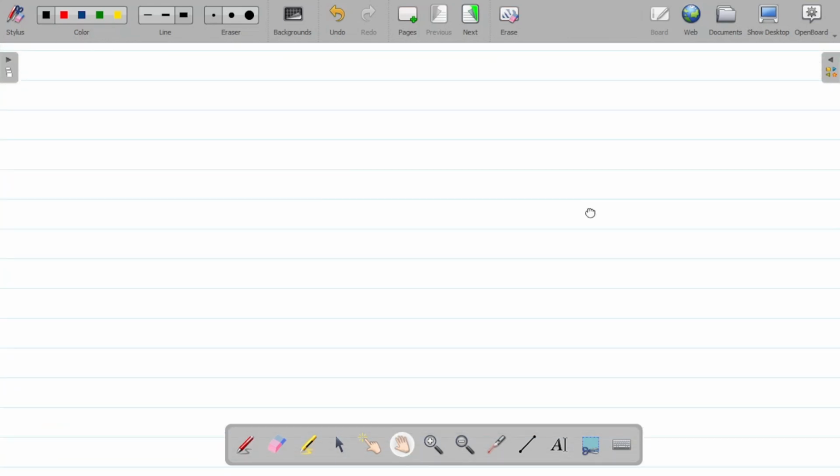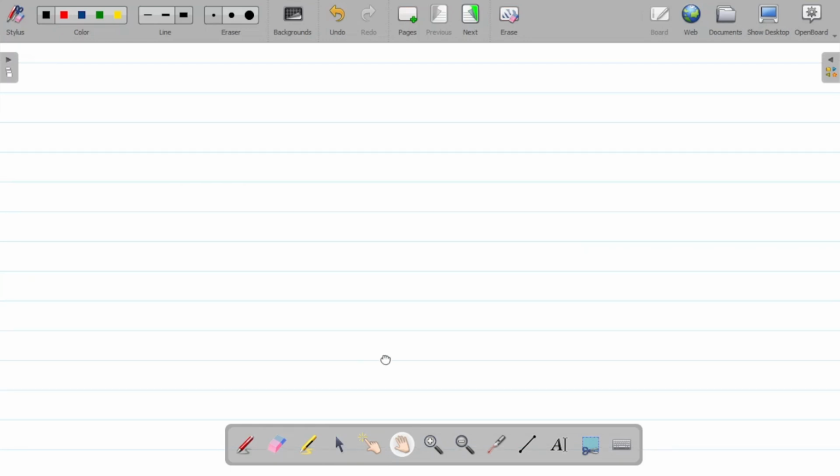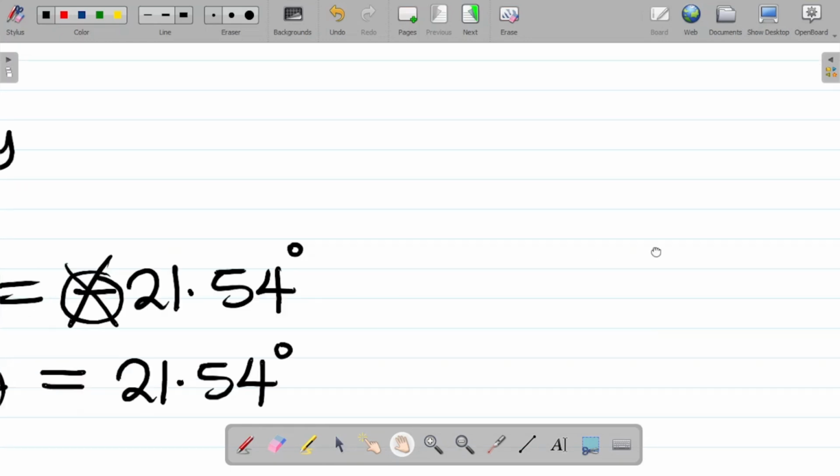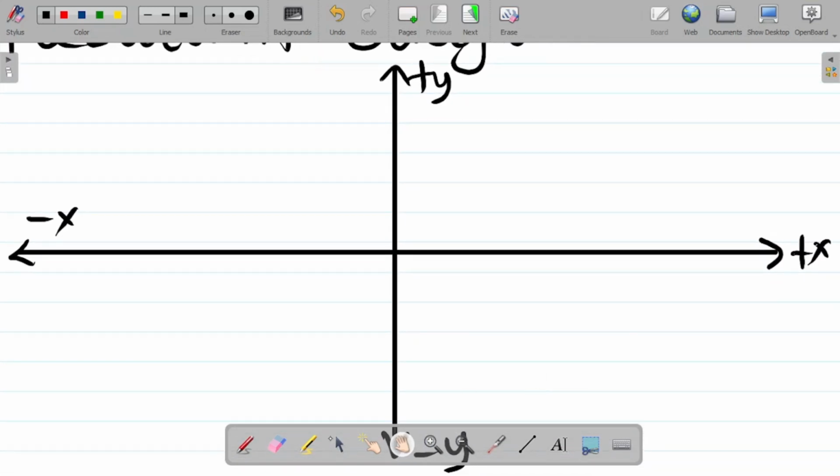Which quadrant is that? Positive y, negative x is this part here. So in essence, my resultant will be here, in the positive y and negative x.